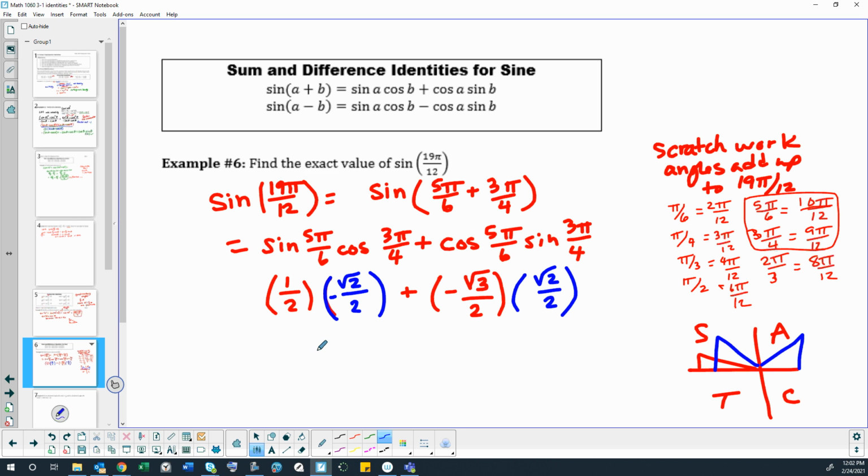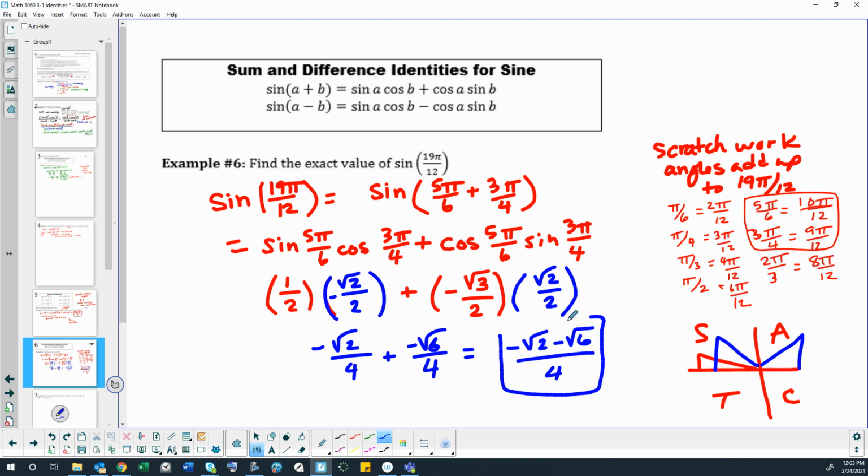Okay, so now we multiply this stuff together. We get negative square root of 2 over 4 plus negative square root of 6 over 4. So we get negative square root of 2 minus square root of 6 over 4. We just get the opposite of the answer that we got for the cosine of 15 degrees, right?